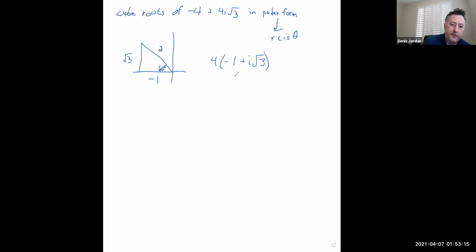So just don't forget that you pulled a 4 out of everything. So if you multiplied everything by 4, the R that you're really looking for is not 2, it's really going to be 8.